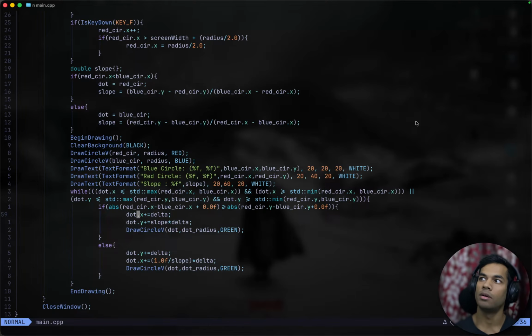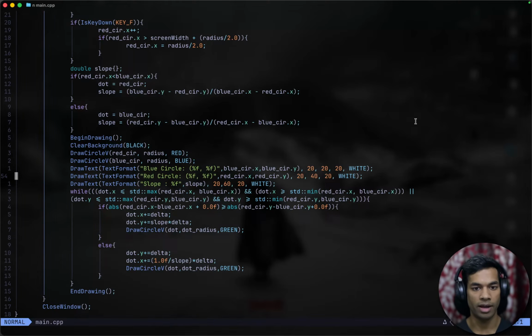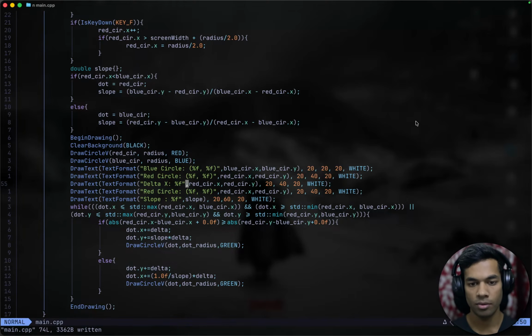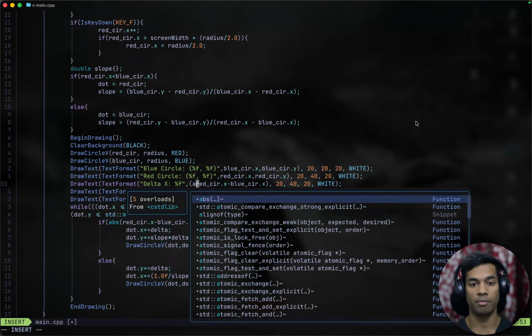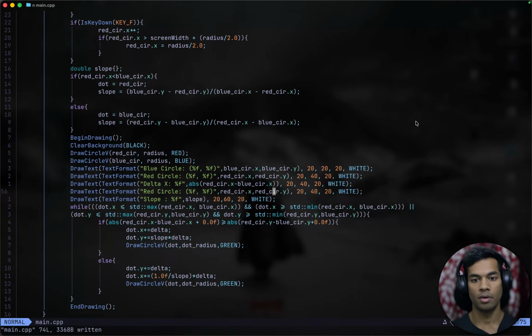Here, let's also print delta x and delta y. Delta in x, there is a single floating point value, x minus x in blue circle, minus the absolute value of this.